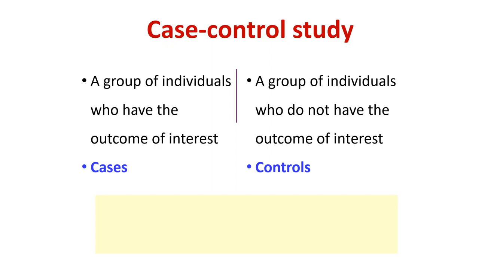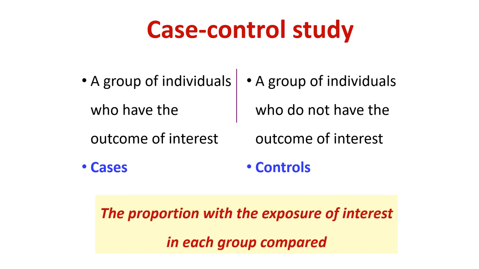In a case control study, we identify a group of individuals who have the outcome of interest, and we call them cases. And we also identify a group of individuals who do not have the outcome of interest, and we call them controls. And then we compare the proportion with the exposure of interest between the cases and controls.